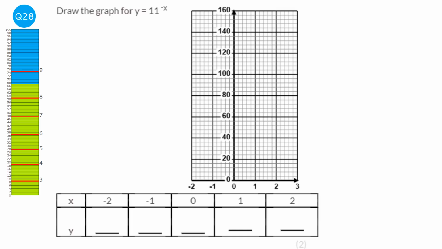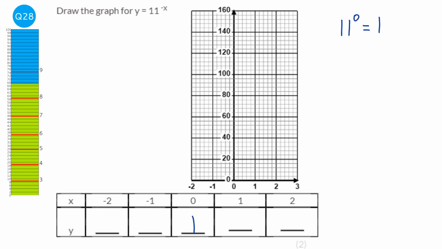So with any curve, when we do the graph, we want as many x coordinates as possible, and here we're given a table to use. So we're going to start off by doing 11 to the power of minus 0, so this one here. And 11 to the power of minus 0 is just the same as 11 to the power of 0, and anything to the power of 0 is 1. So this will be 1.